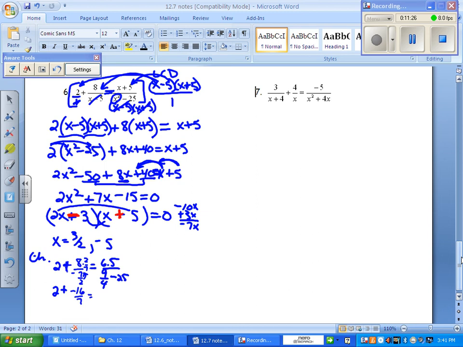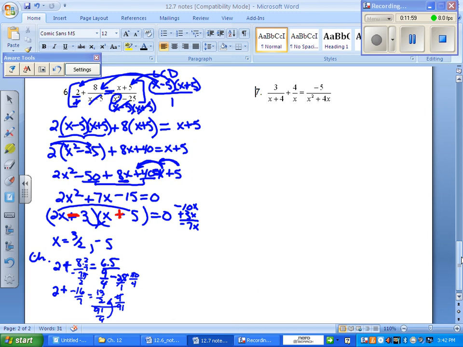To the right side, this numerator, 6.5, is the same thing as 13 halves. The denominator, when I take 9/4 minus 25, that's the same thing as 100/4. So 9/4 minus 100/4 gives me 91/4. And if I reciprocate and multiply that one, it's going to be 4 over 91.